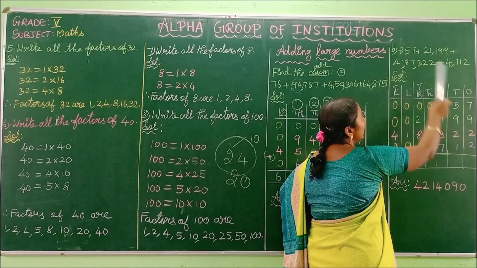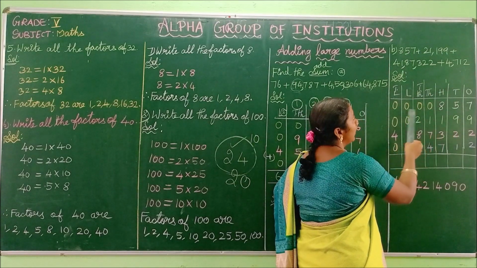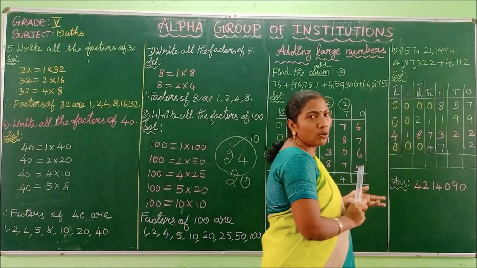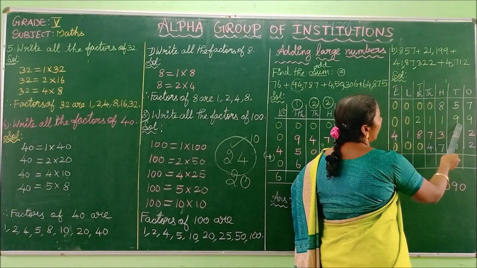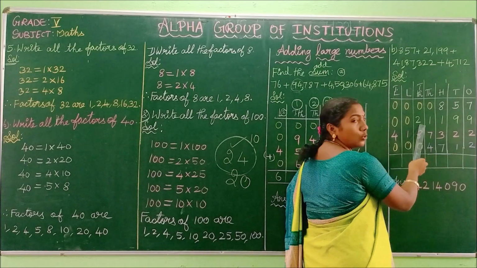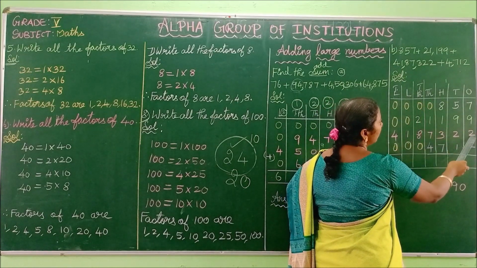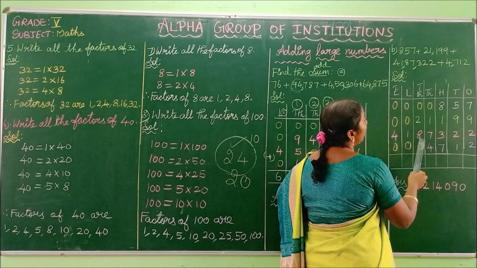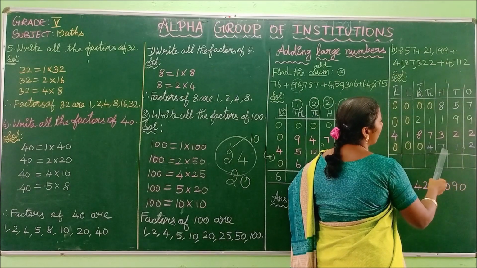So write 7 in ones place and 5 in tens place, 8 in hundreds place, and in the remaining place values you may add 0. Okay, and write the next number 9, 9, and 1, 2. Add 0 in the remaining place values. And write the next number 2, 2, 3, 7, 8, 1, 4. And write the last number 2, 1, 7, 4.